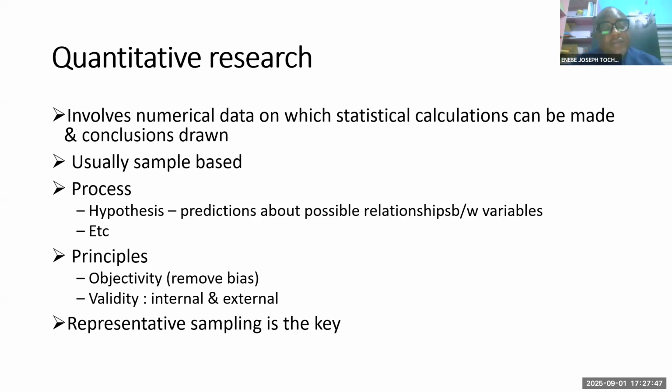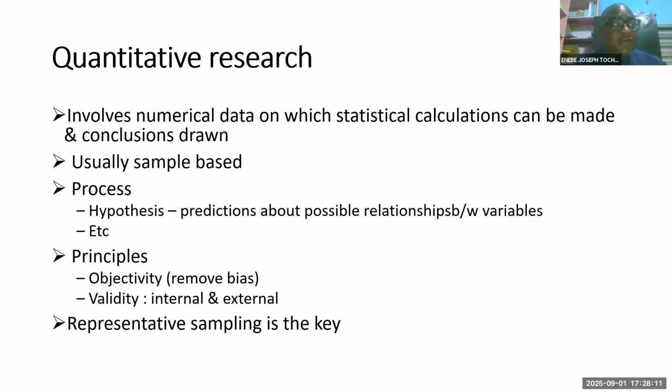The process involves, first of all, you may have a hypothesis. You make a prediction. A hypothesis is just making a prediction that people that receive misoprostol are supposed to have fewer complications in labor compared to the women that don't receive misoprostol.